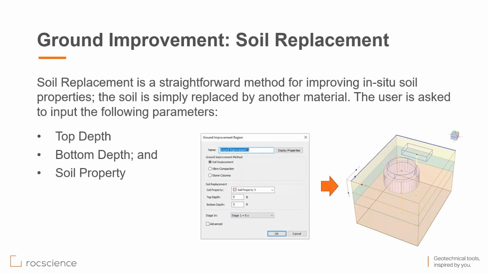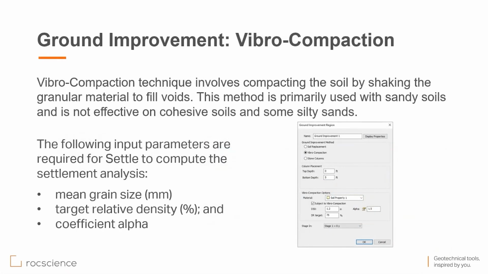In soil replacement, it's a straightforward method where it allows users to define a region and replace the soil by another property that they can define in their dialog. Fiber compaction allows users to define the mean grain size, target relative density, and coefficient alpha for the replacement of the soil. And this is primarily used for granular material and is not effective for cohesive soil and some silty sands.